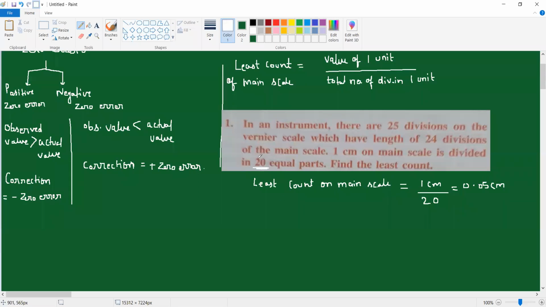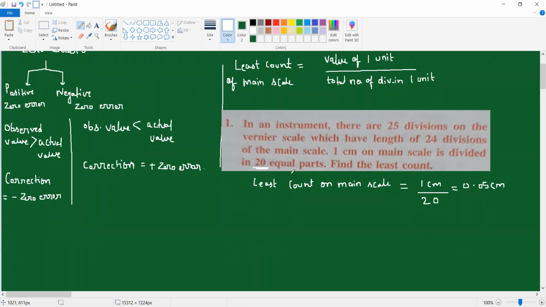This is a different Vernier scale. It is not the same scale that we discussed, because the scale we discussed had 10 divisions on the Vernier scale equal to 9 divisions on the main scale. Here it is different: 25 divisions on the Vernier scale have 24 divisions on the main scale.